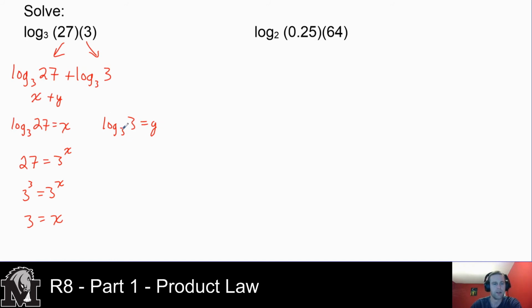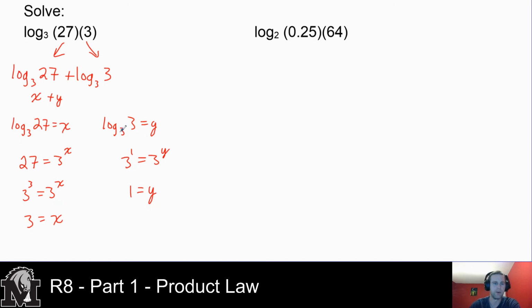Similar idea over here. I'm going to put this into exponential form. 3 equals 3 to the power y. Now, we have an exponential number here, and we want the same base. Well, they have the same base, and there's just an assumed 1 there. So we have 1 equals y.